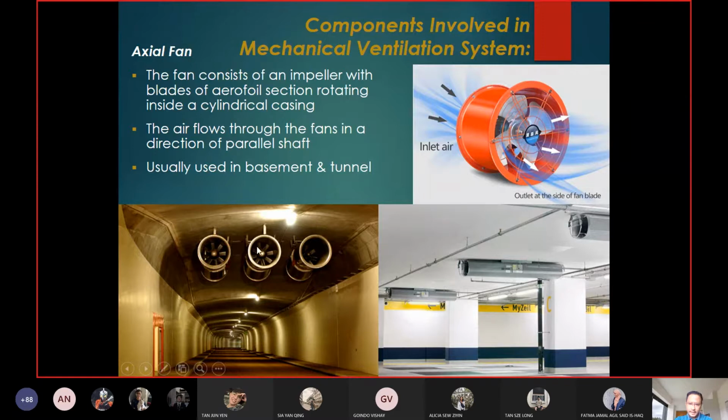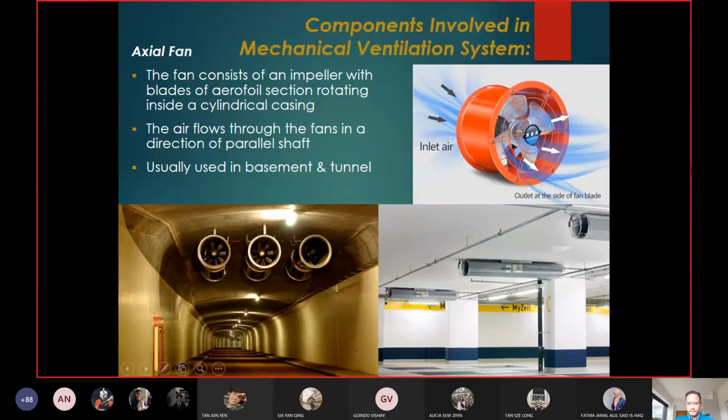Inside the cylinder, if you look at the blades or the impeller, there are actually more than in the propeller fan, and the tilting of the blade is also more than the propeller fan. The air flows through the fan in the direction of the parallel shaft. Basically it gets in from here and goes out from here, more or less the same as propeller fan.